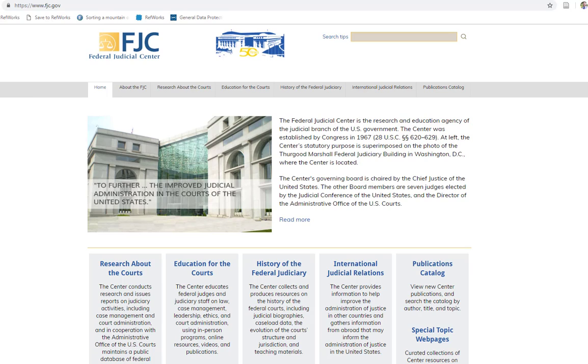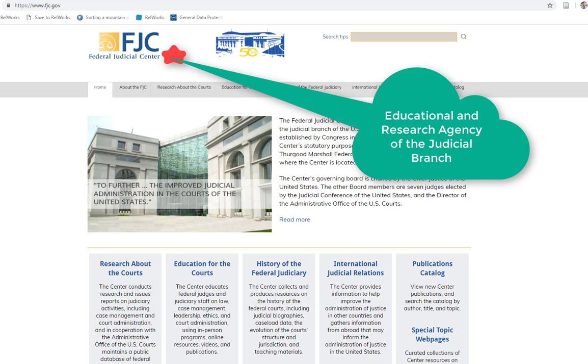So the first thing I want to show you is something called the Federal Judicial Center. The Federal Judicial Center was started in the 1960s by Congress, and it was established to serve as the educational and research agency of the judicial branch.